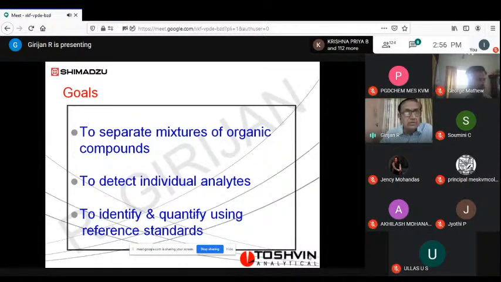At the same time, we can also use GC for certain very, very small molecules of inorganic compounds. Gas analysis. Think of atmospheric air. What is the composition of atmospheric air? It's approximately 79% nitrogen, 21% oxygen, and then the other things are minute amounts of carbon dioxide, water, all those. But the major components are nitrogen and oxygen.